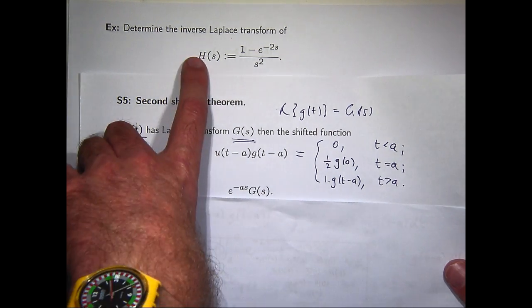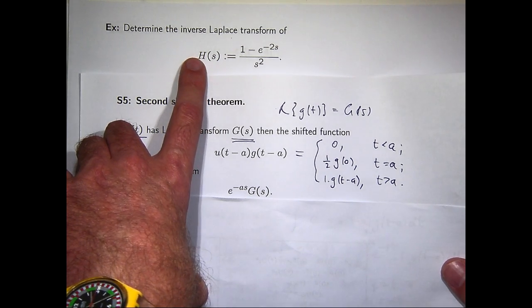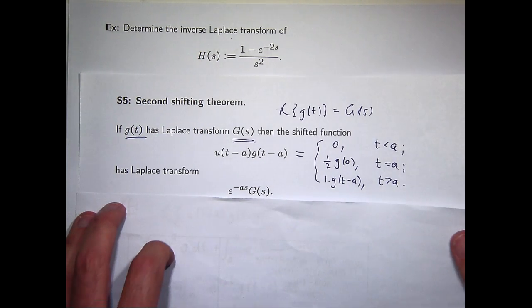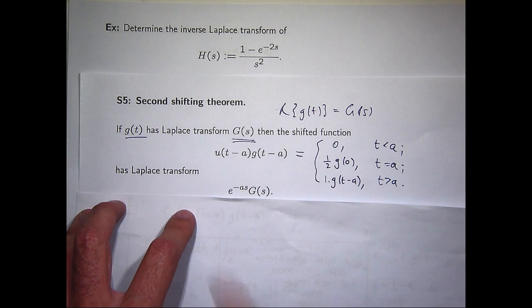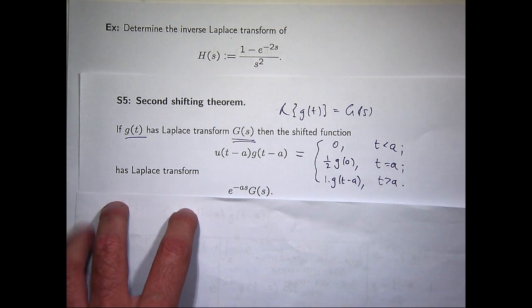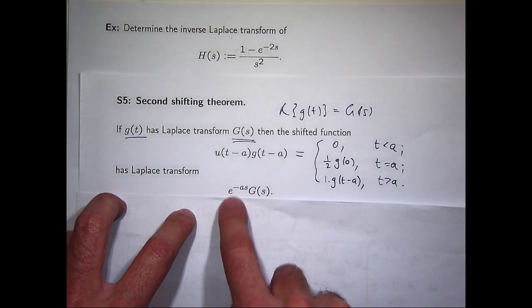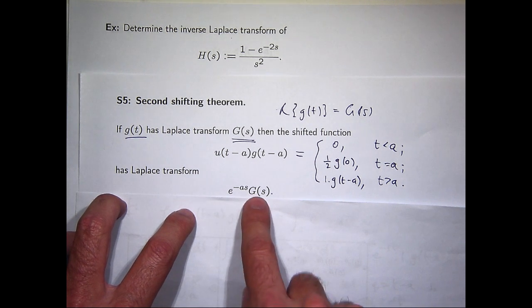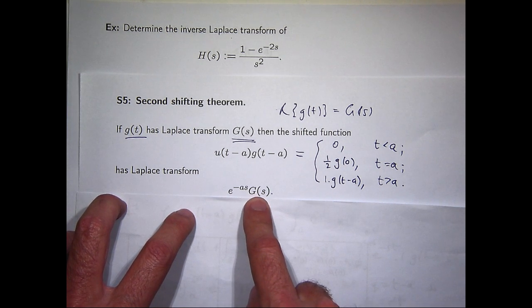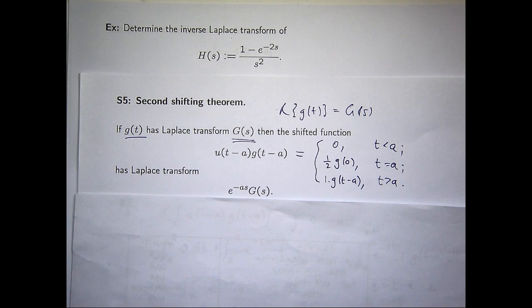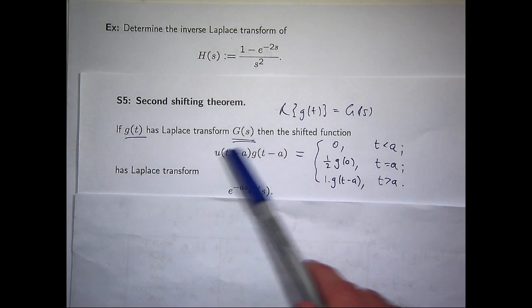This is an example where you want to use the second shifting theorem the other way around. So you start with this and you want to form this. How do I do that? Well, you identify your A and your big G of S, calculate the inverse transform of big G of S, and then shift it and form this product here.